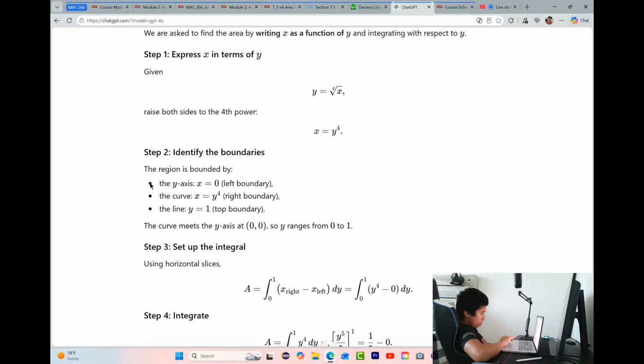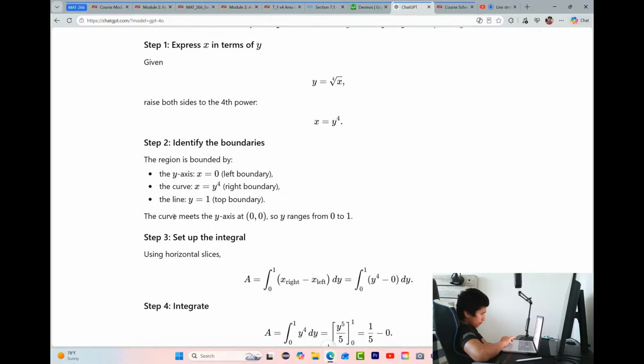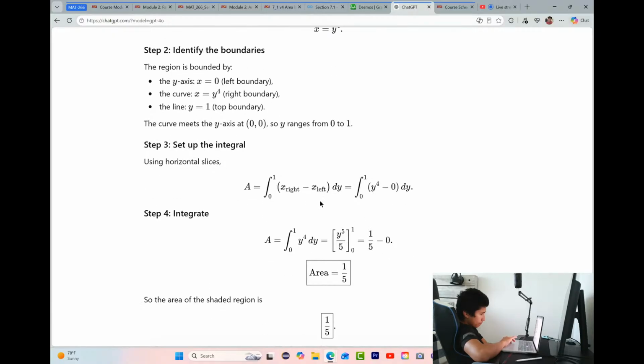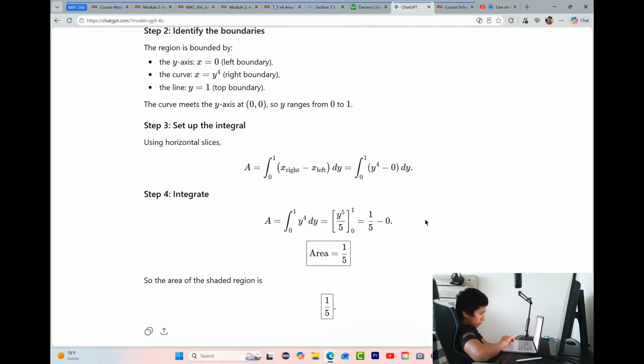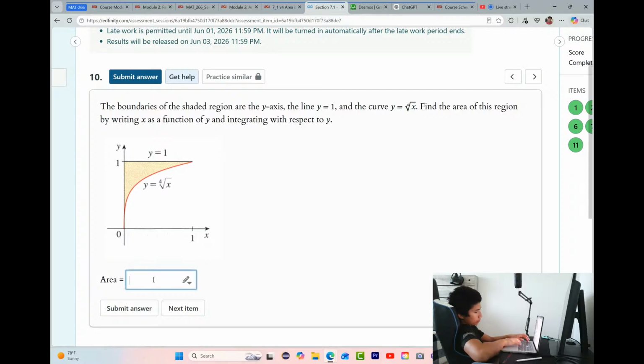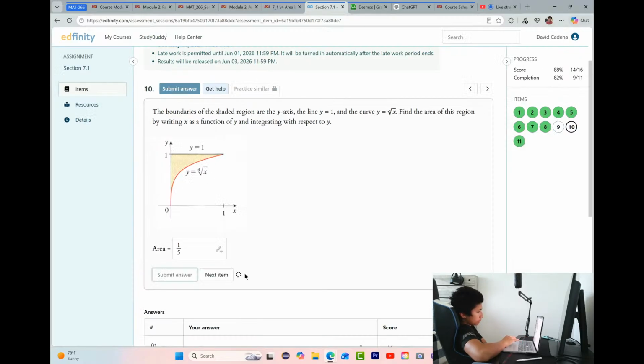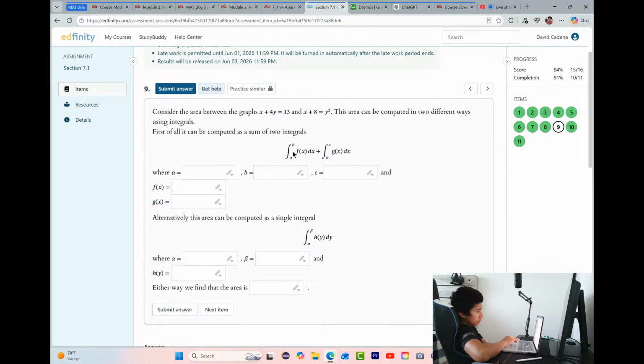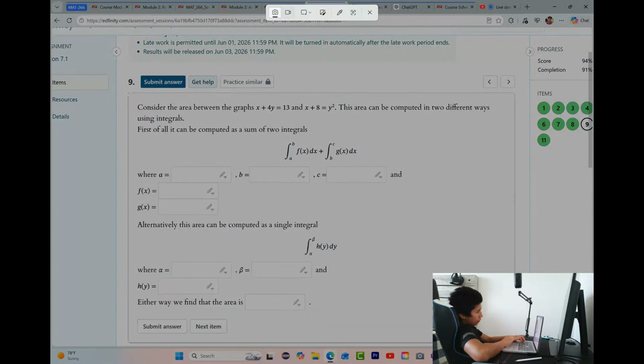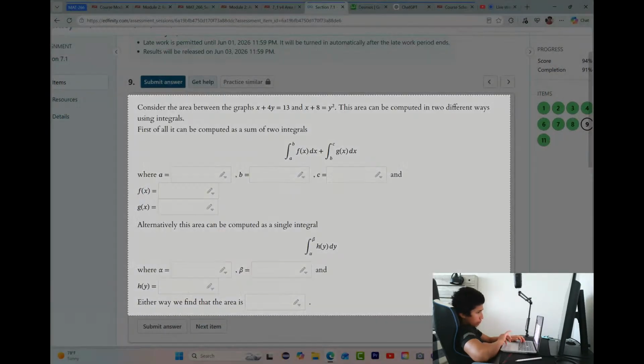Right. X equals 0, y to the 4th, y equals 1. Right minus left. Yeah, very easy. All right, you know what? I should have done the other ones myself and just asked this one, but it's okay.